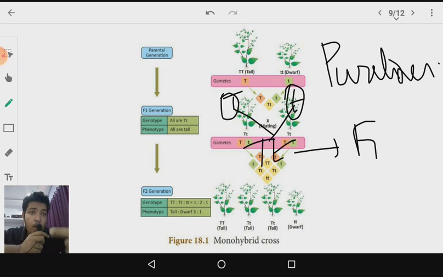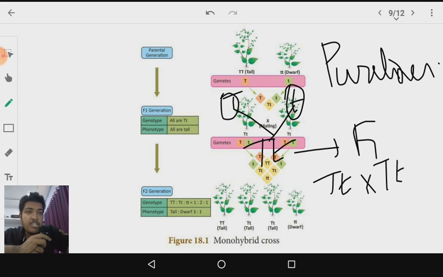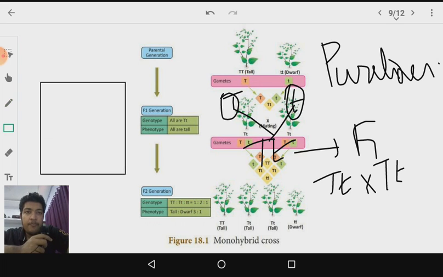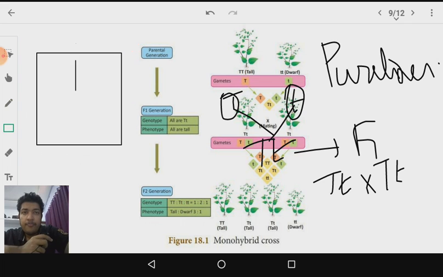Next we are going to carry out a selfing of the F1 generation to yield the F2 generation. So when we are doing the selfing of the F1 generation, it is capital T small t with capital T small t. Again we can use the Punnett square. So I'll draw over here.